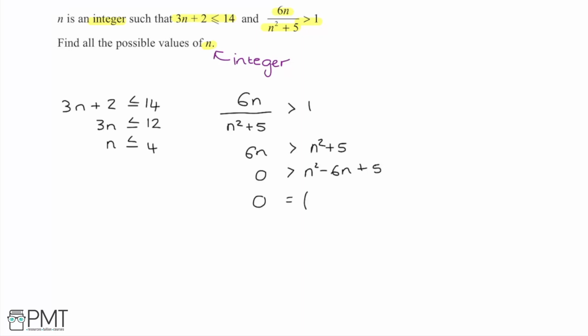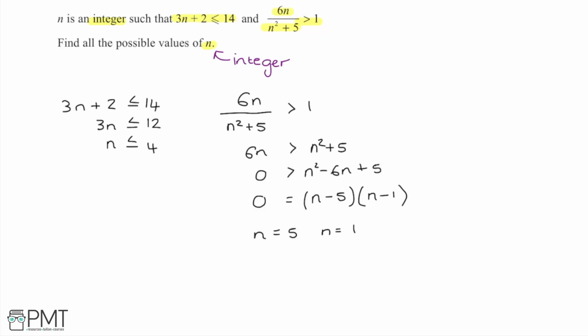So that's going to leave me with n minus 5 multiplied by n minus 1, and that is the factorised form. Now I can see that if we make either of those equal to 0, the roots of this equation are going to be where n is equal to 5 and n is equal to 1. So basically this holds for values of n between 1 and 5.